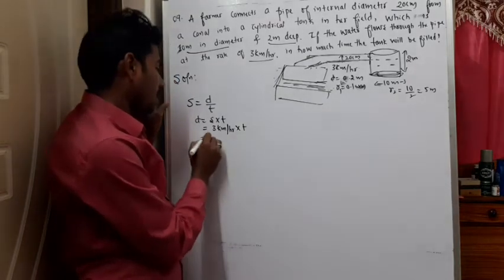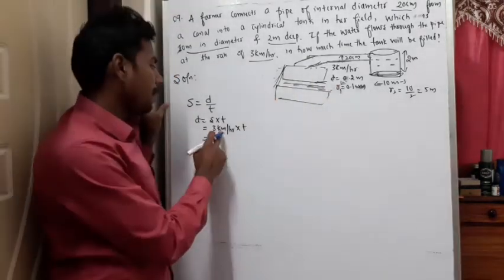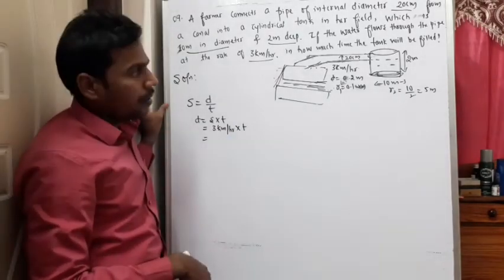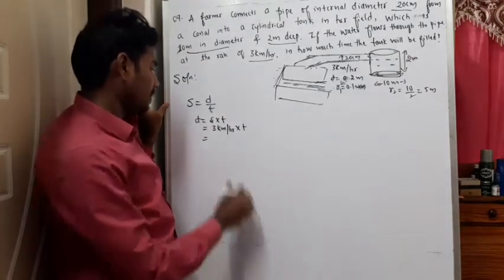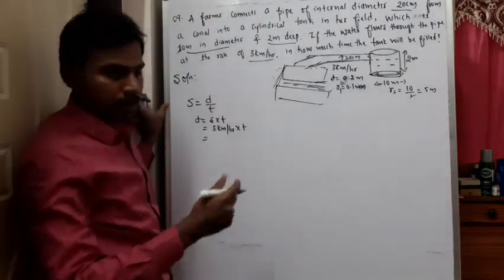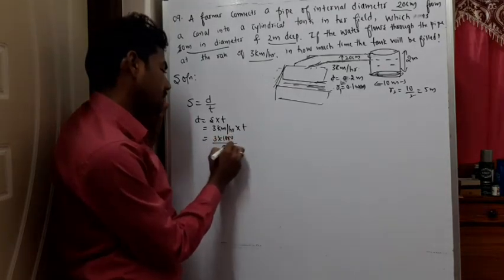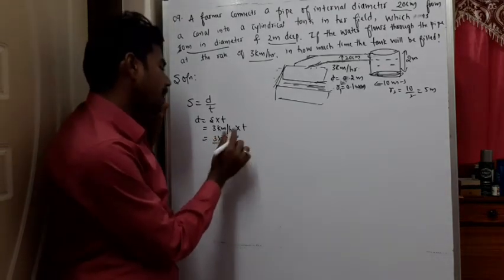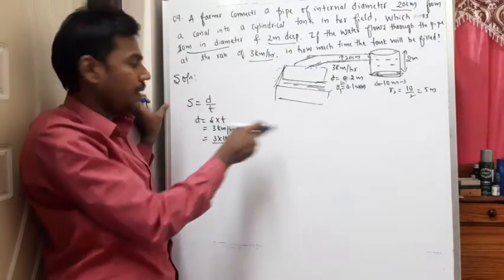So I want the water flowing in terms of meter per minute, because all the things are in meter. To convert it into meter per minute, what should I do? 3 into 1000 divided by 60. Why did I multiply by 1000? Because I need to convert kilometer to meter.